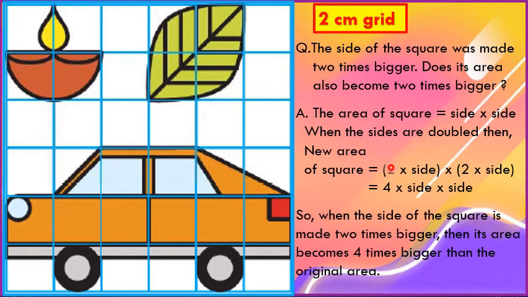Since each side is made 2 times bigger, 2 into side is written, equals 2 twos are 4, that is 4 into side into side. So when the side of the square is made 2 times bigger, then its area becomes 4 times bigger than the original area.